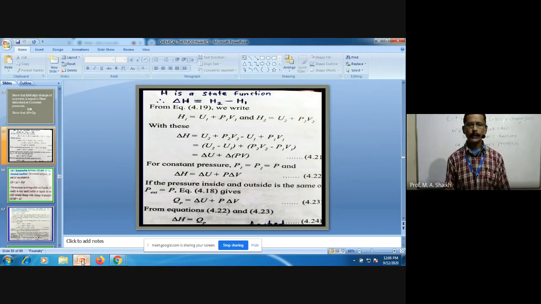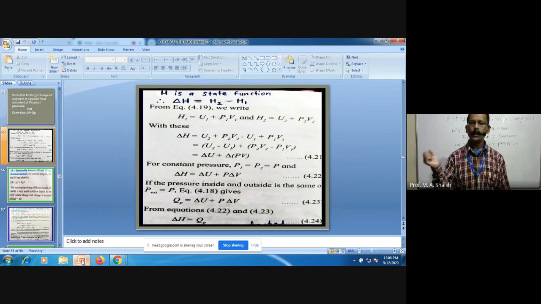So what we will get? We will get delta H is equal to U2 minus U1 plus another bracket PV2 minus PV1. We can take P out of the bracket. So we will get delta H is equal to U2 minus U1 plus another bracket P, and inside the bracket V2 minus V1.